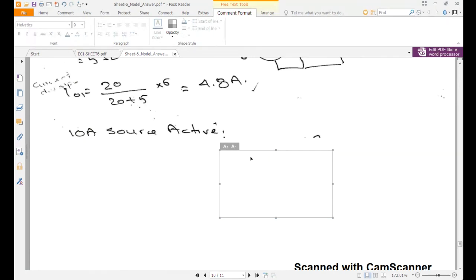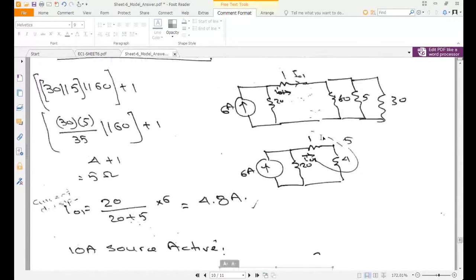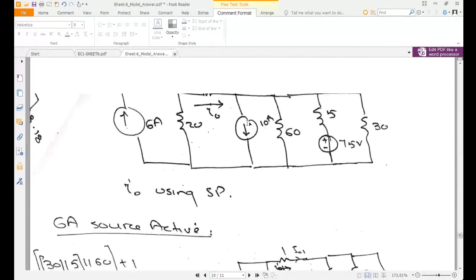When 10 ampere is active, then this will be open, this will be short. See here, the 10 ampere current is being divided here and here. What is the total resistance here?